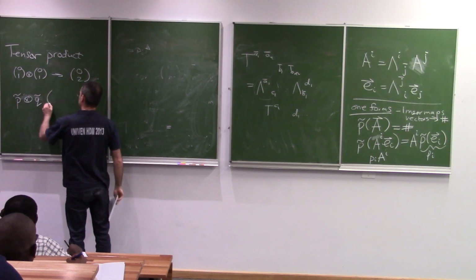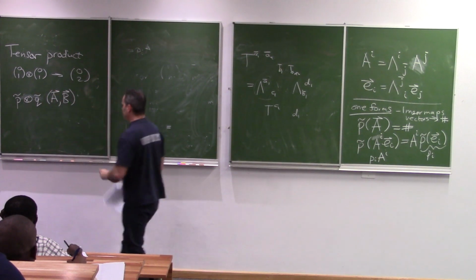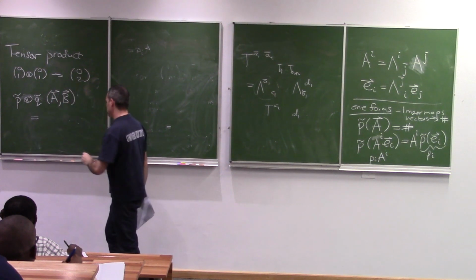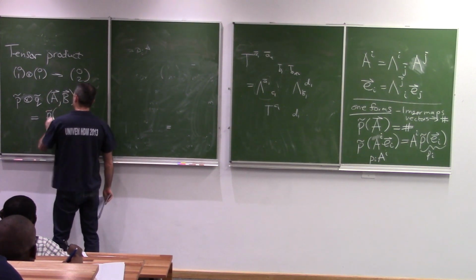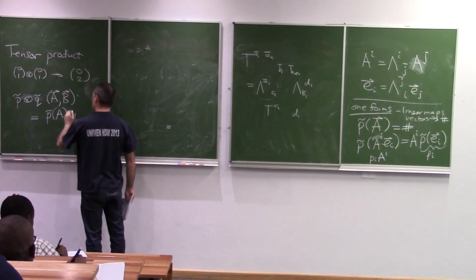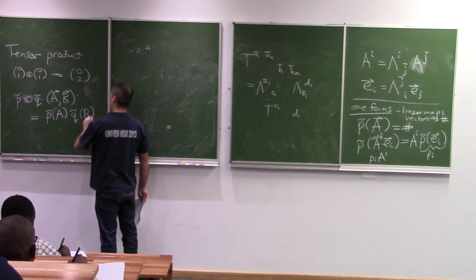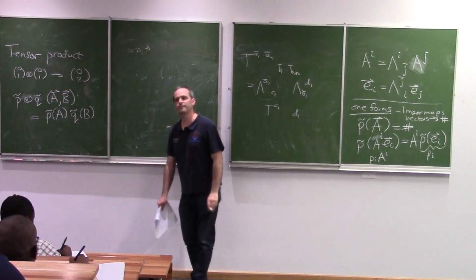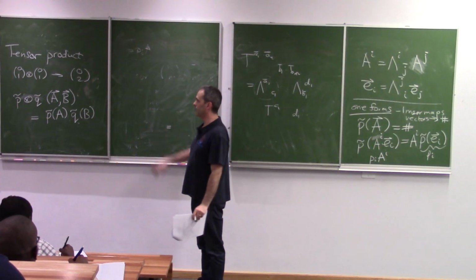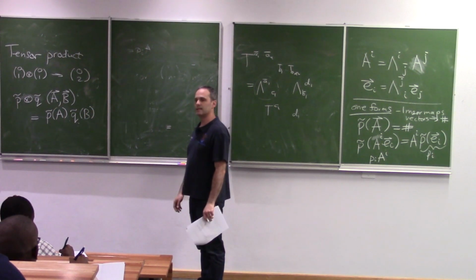So I feed this object two vectors, and we call them A and B. And the definition of the tensor product is that this is equal to the one form P acting on A, and now this is just the normal product, Q acting on B. And that defines for us the tensor product, or a way of multiplying tensors to get new higher order tensors. Any questions about the tensor product?